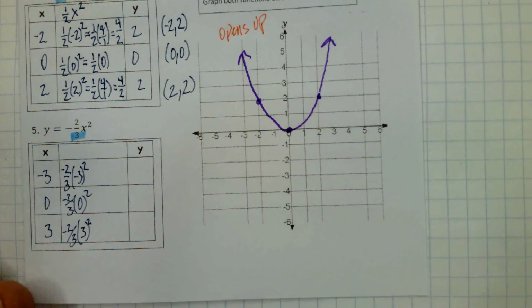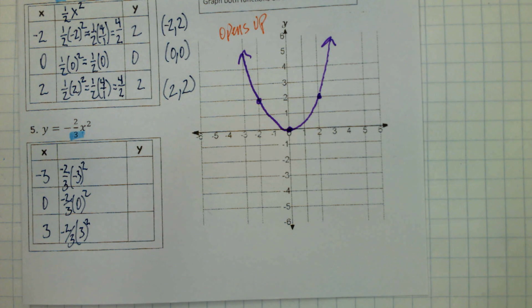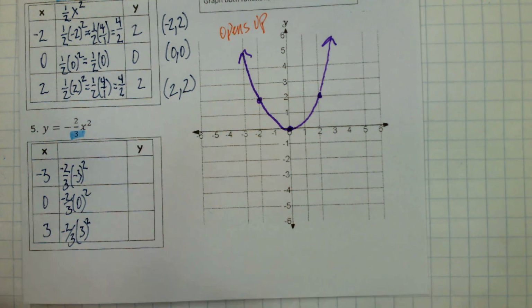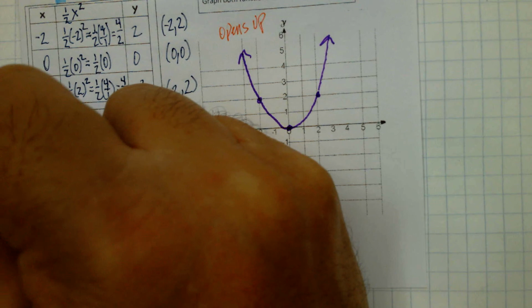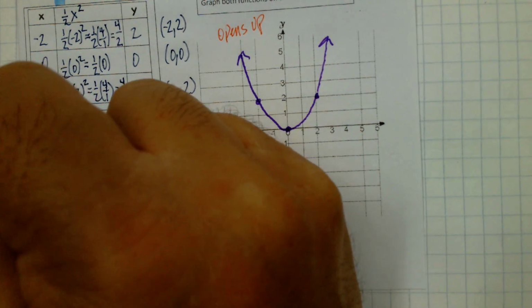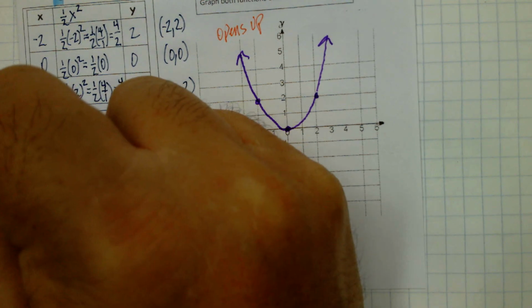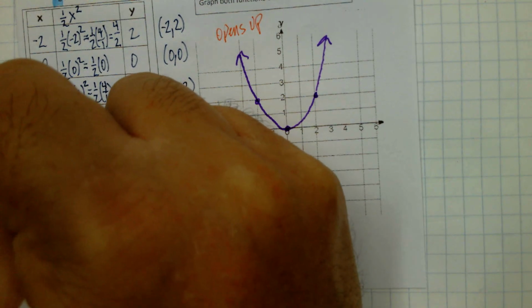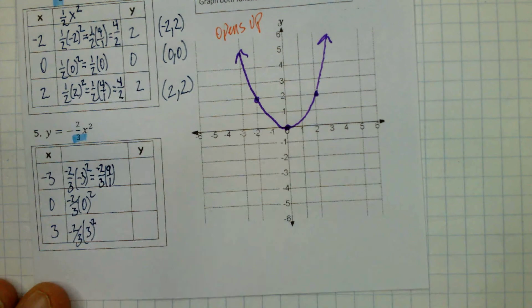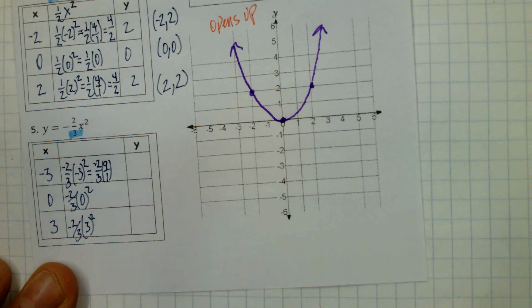Okay, let's do it. Let's square negative 3. That's negative 3 times negative 3. That gives us, don't say negative 9. What's negative 3 times negative 3? So this is negative 2/3 times 9 over 1, right? And again, you're just multiplying two fractions. So you multiply negative 2 times 9.